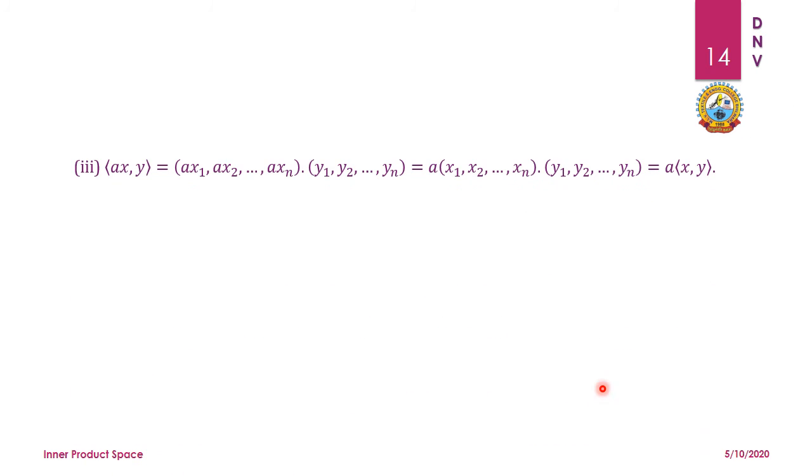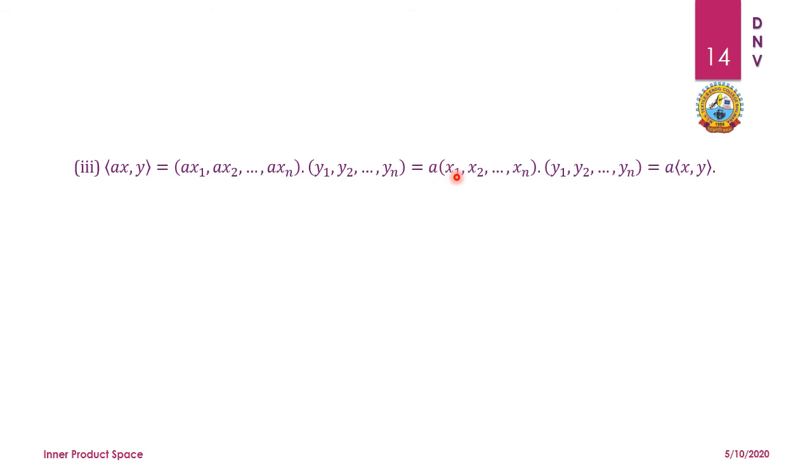Next is the third property we want to prove, the homogeneity property ax comma y. If I write this in the expanded form, it is ax1, ax2, axn, and the dot product with these components. So a will be taken out, only a will come out. It will not be like a n times a power n.